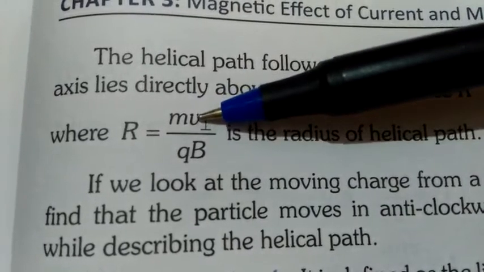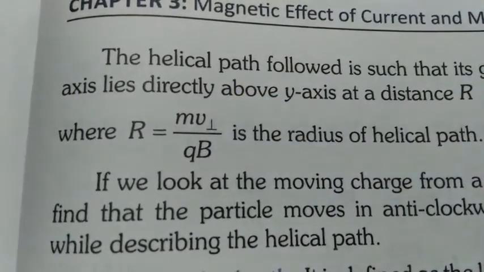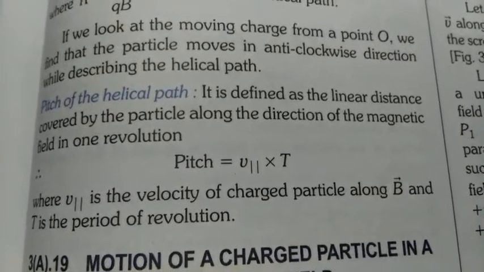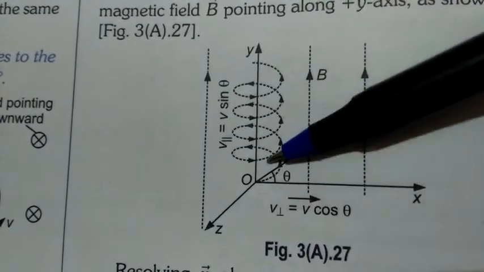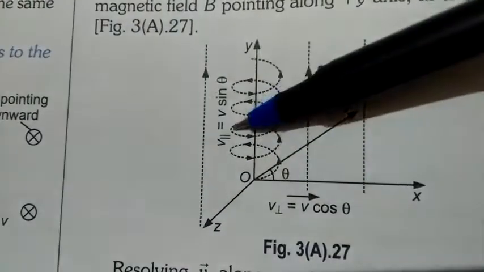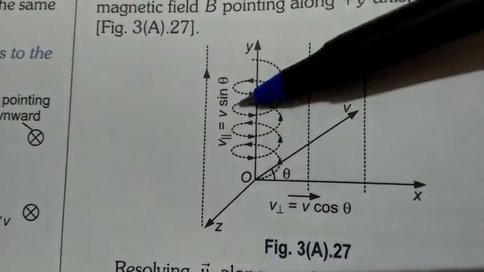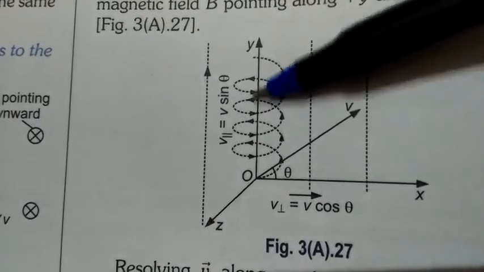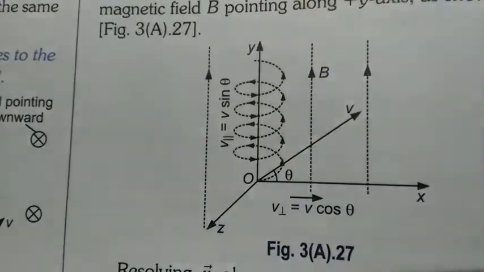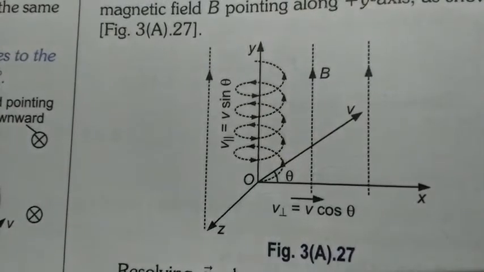Then we have the pitch of the helical path. When the particle is moving in circular motion, this one is the first circle, this one is the second, this one is the third. Between any two circles, the vertical distance is the pitch of the helical path.